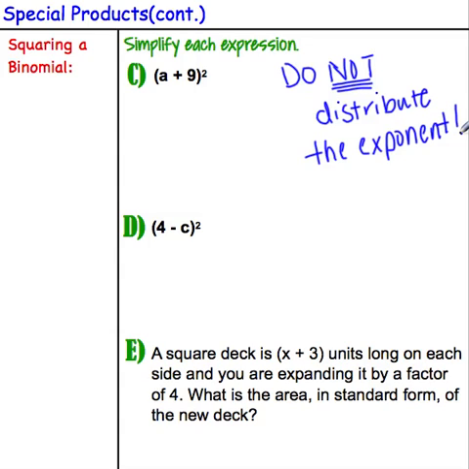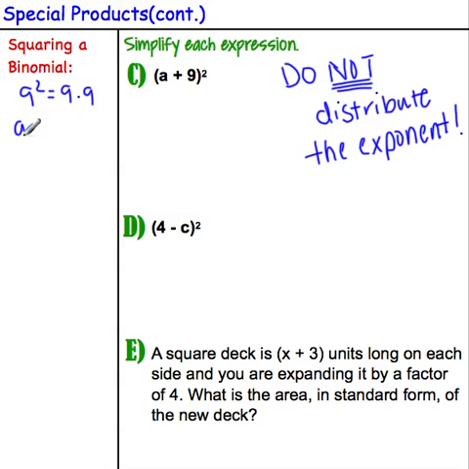So if you think about what you've learned about exponents through the years, we'll use the numbers in the problem. If you have 9 and you square it, 9 squared is equal to 9 times 9. That's what it means.